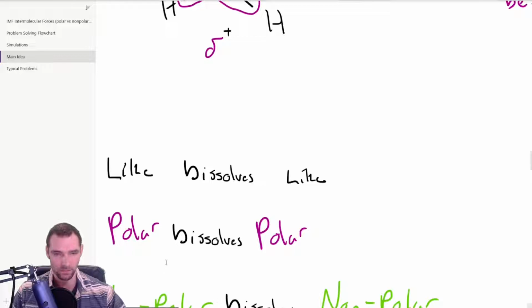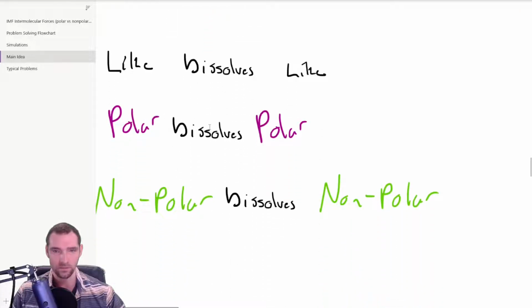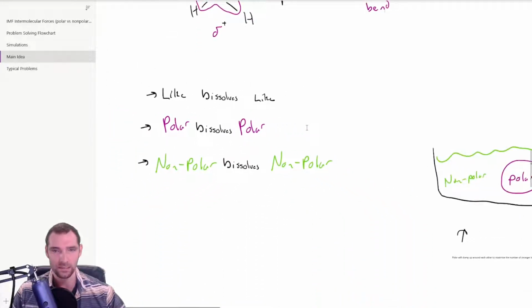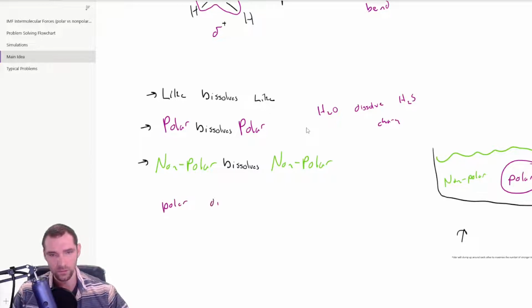You've probably heard that before, where polar dissolves polar. So if you had like H2O, that's going to dissolve other things pretty well, like H2S. Polar also dissolves ions because ions are charged.